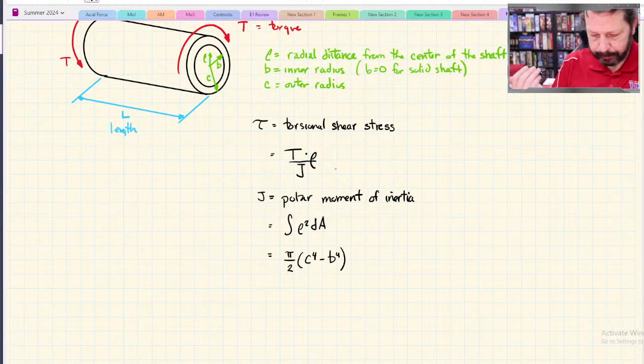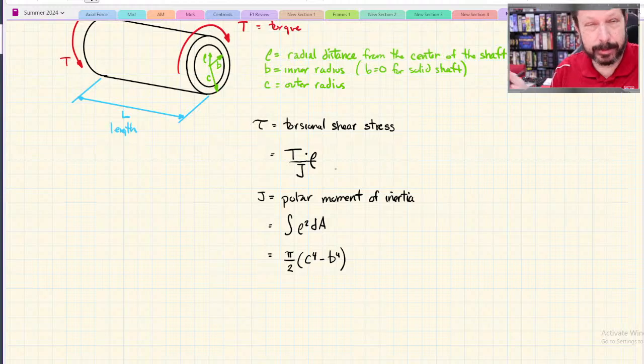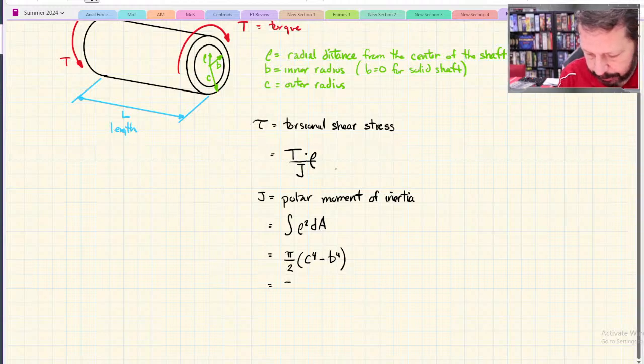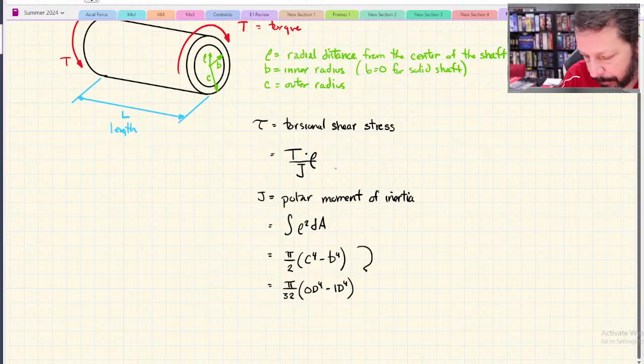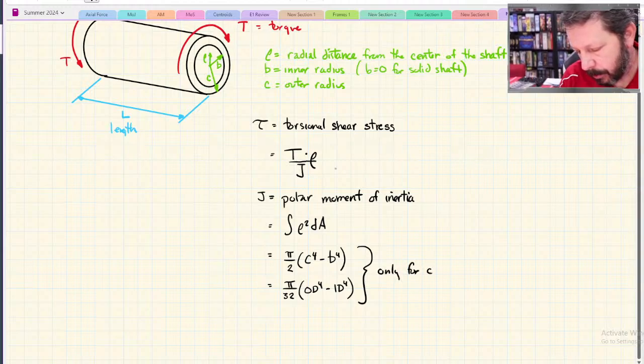If you wanted to use diameters, because sometimes diameters are easier to measure and know, it would also equal pi over 32 times the outer diameter to the fourth minus the inner diameter to the fourth. So either of those equations work, but only for circular cross sections.